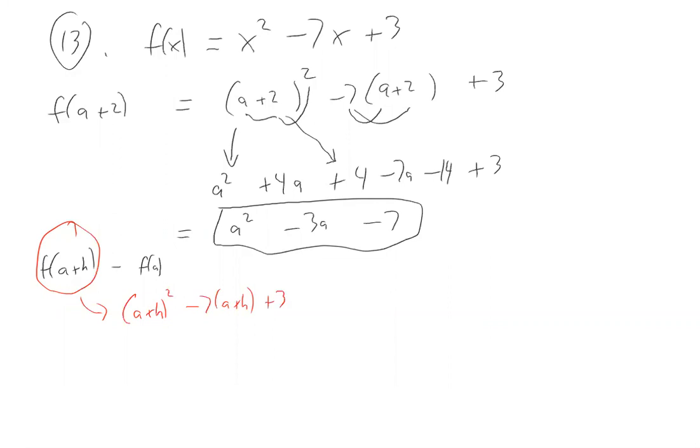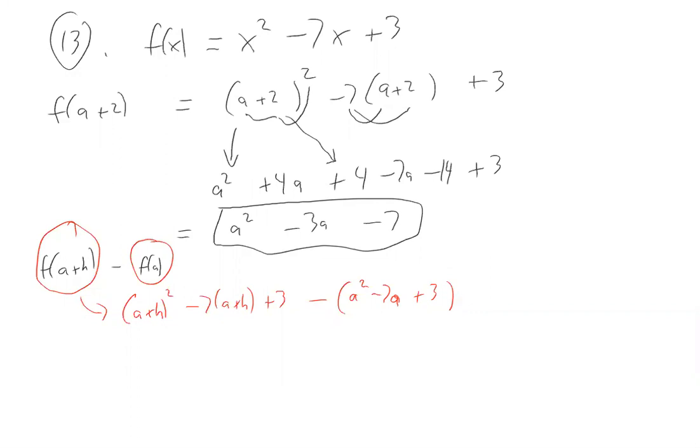And then the second part of the problem is minus f of a, which is a squared minus 7a plus 3. And make sure that you put the a squared minus 7a plus 3 inside of parentheses, and then make sure that negative is in front of those parentheses.